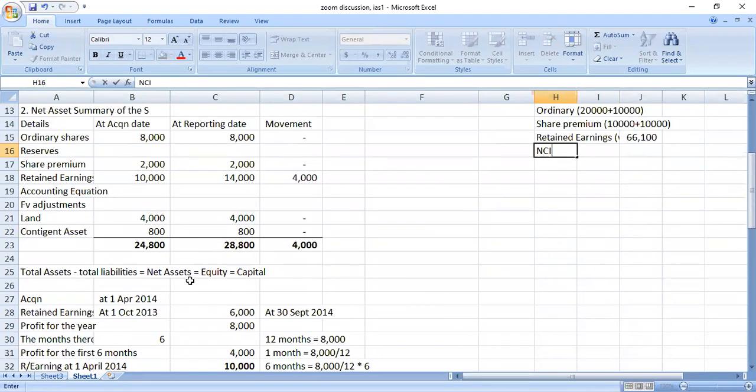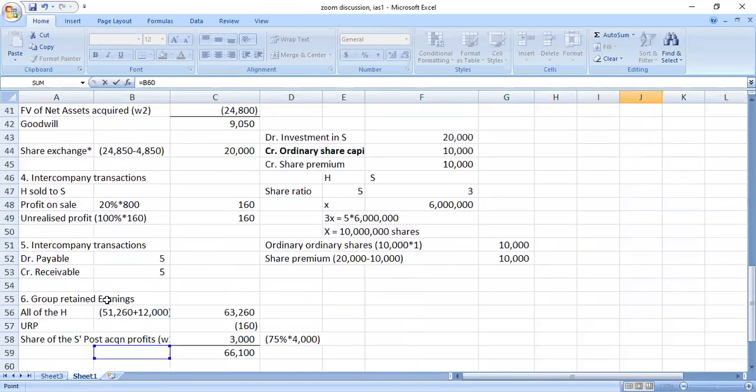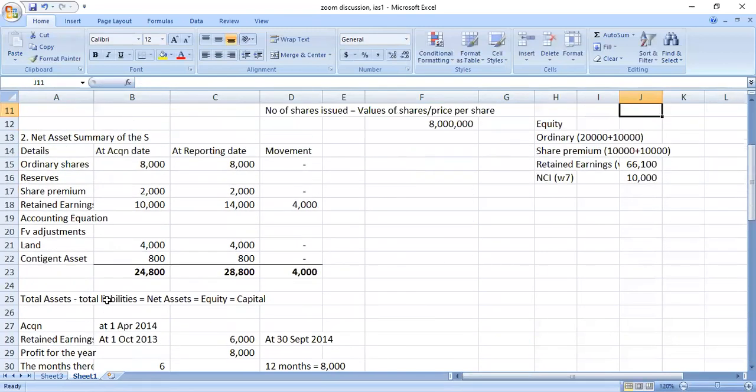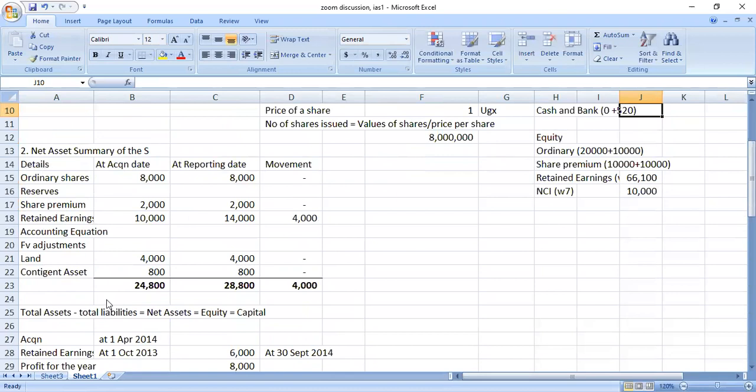Then you now have the non-controlling interest, which is working number 7. It's also part of equity. The other shares relating to the minority, which is 10,000. By doing that, you're done with all this equity.